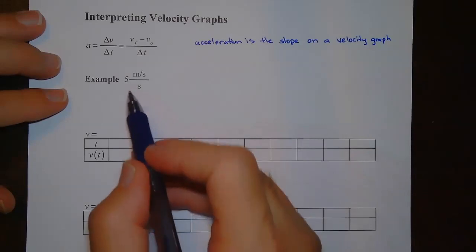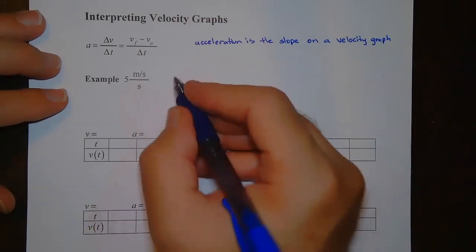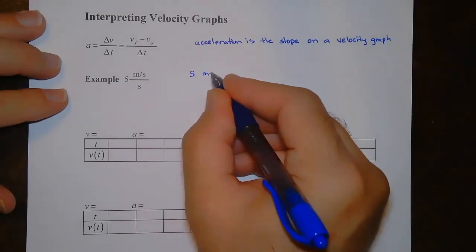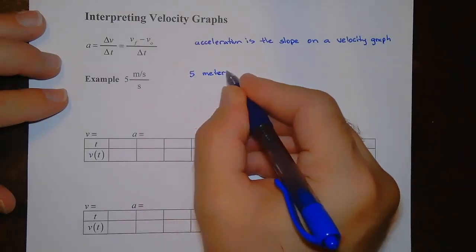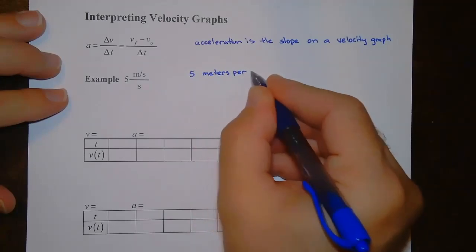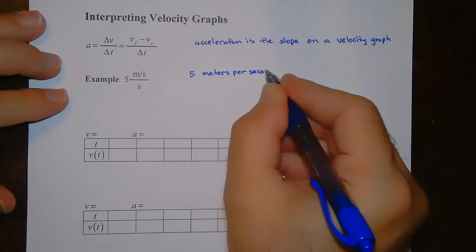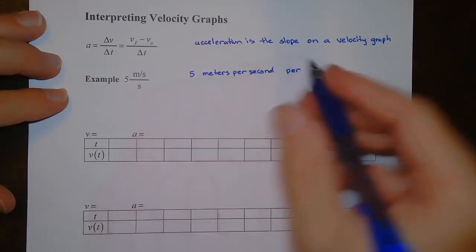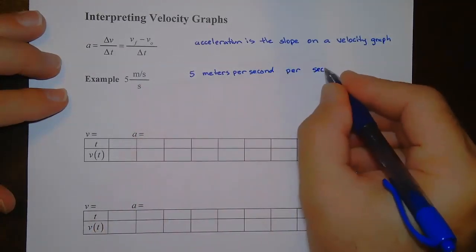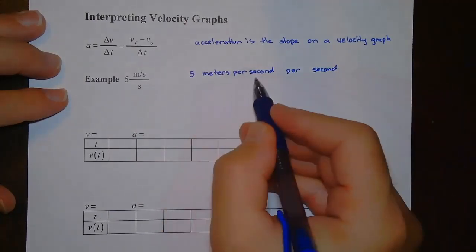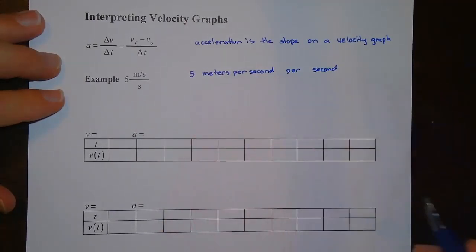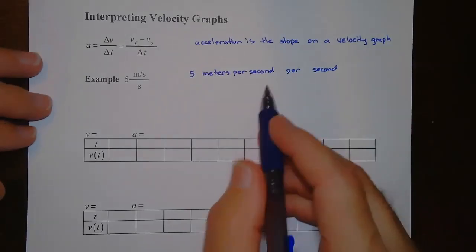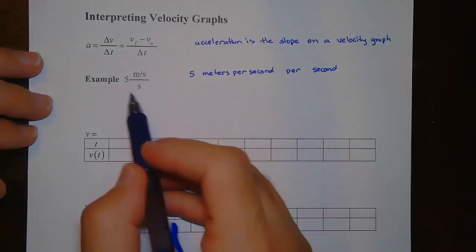So a lot of times this is given like this, 5 meters per second per second. That's a little bit cumbersome to say, right? But we have another way of writing this.